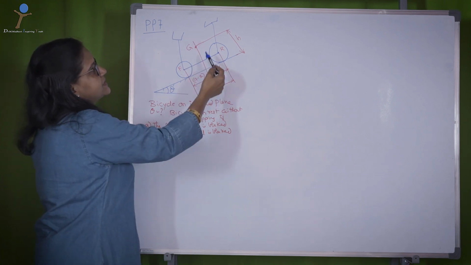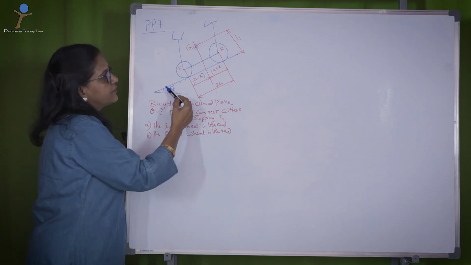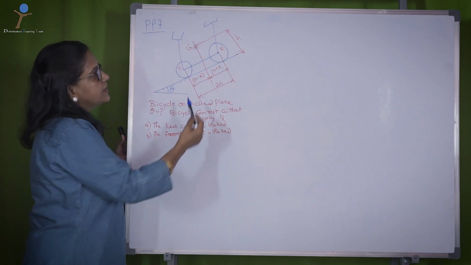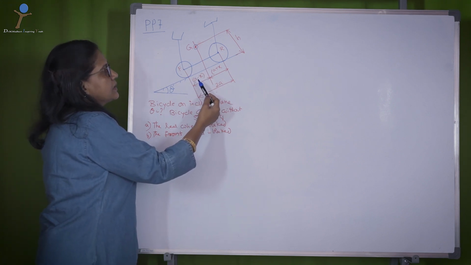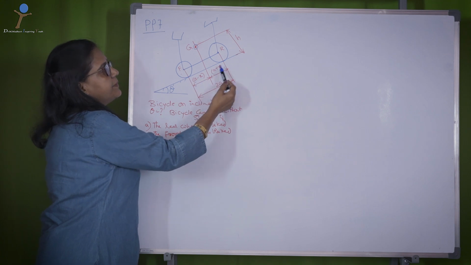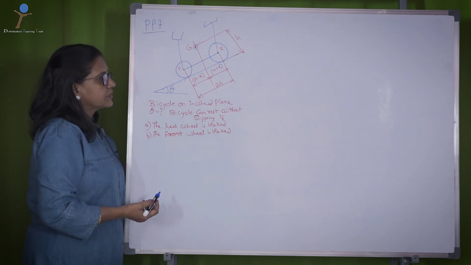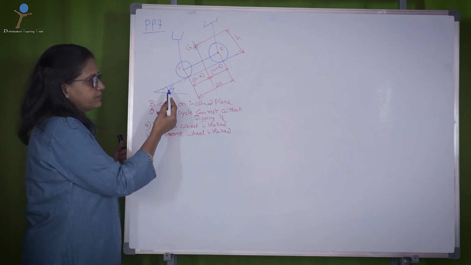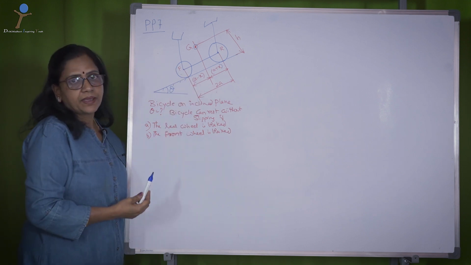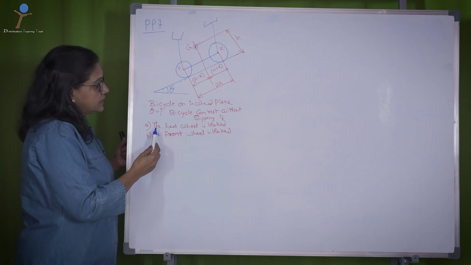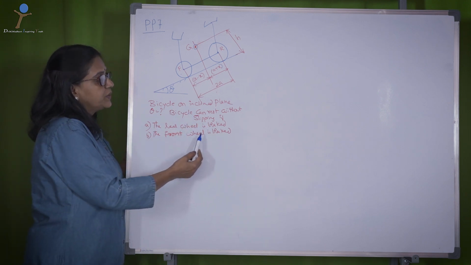The weight of the bicycle lies at a point G, which is at a height of h from the inclined surface. x is from the middle point, which gives the distances a minus x and a plus x. The question is, what is the greatest slope theta for the bicycle to rest without slipping, if one condition is the rear wheel is braked, and the second condition is the front wheel is braked?